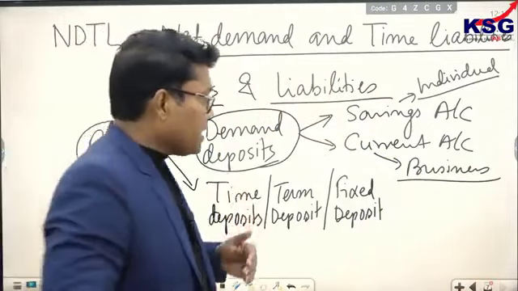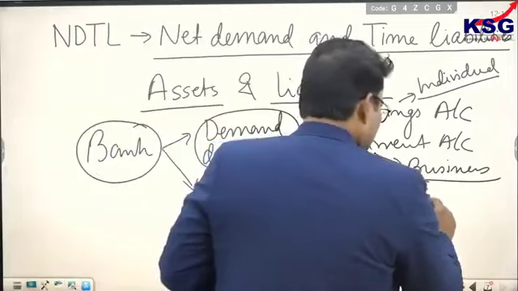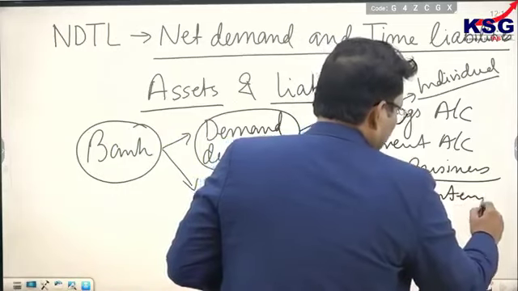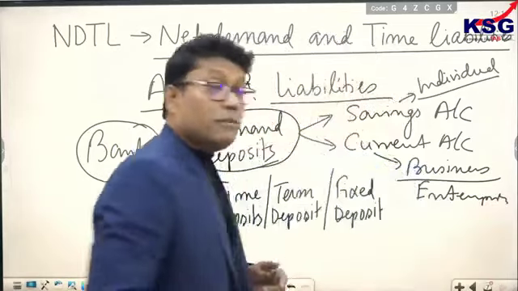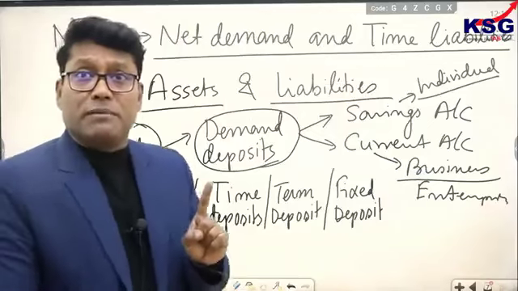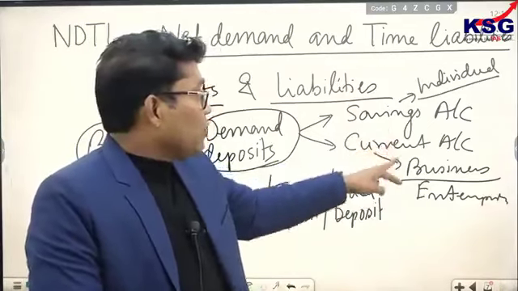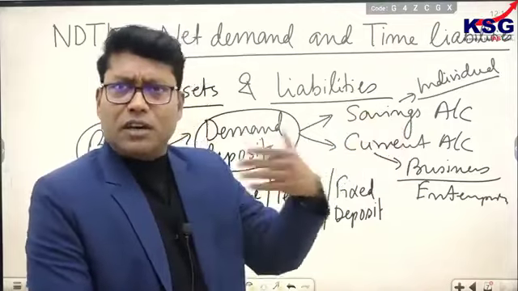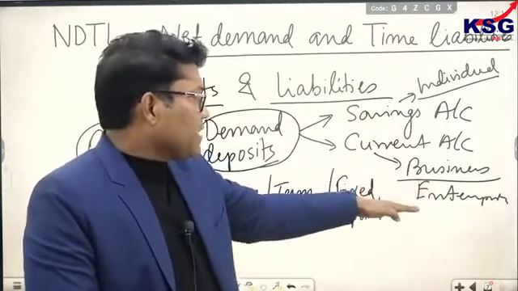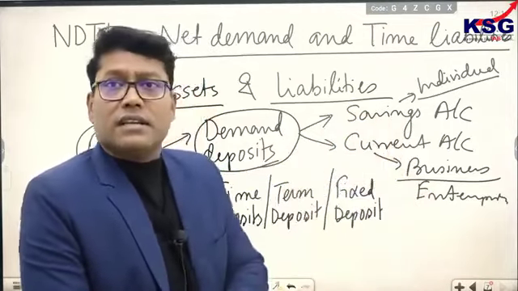If you're running an enterprise or doing any business, in the name of the business you can open an account with the bank, which is known as a current account. So one is the individual account like we open, and one is the business or enterprise account, which is known as the current account.